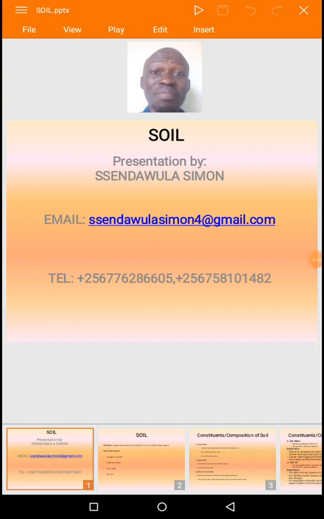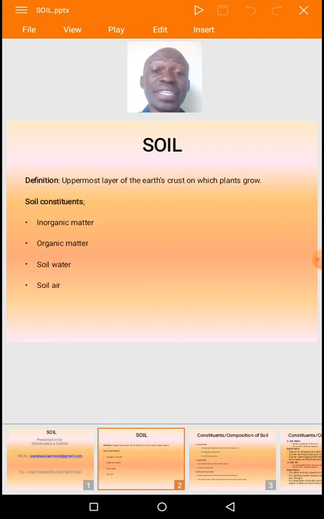Today we are looking at soil. Soil is a product of weathering, a product of rocks being broken up. It's what we are seeing all over our places, especially here in Africa, where paving is less.